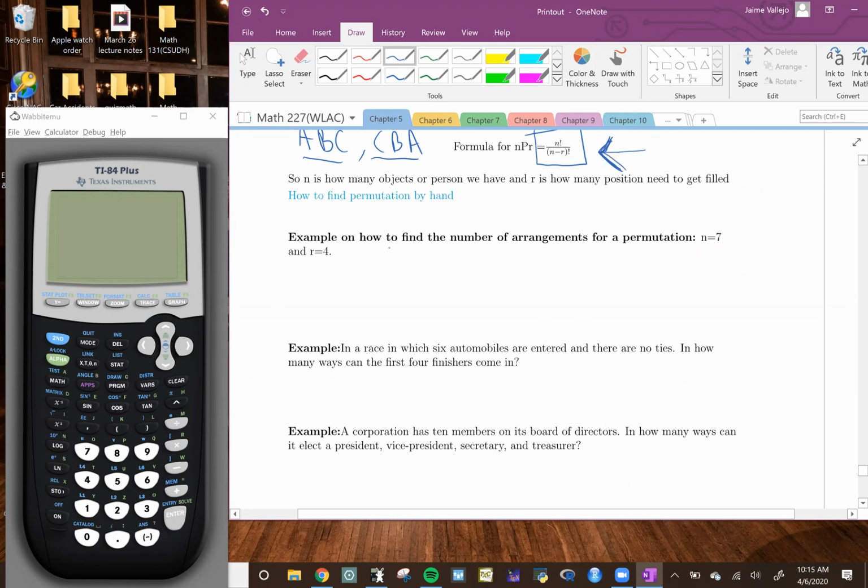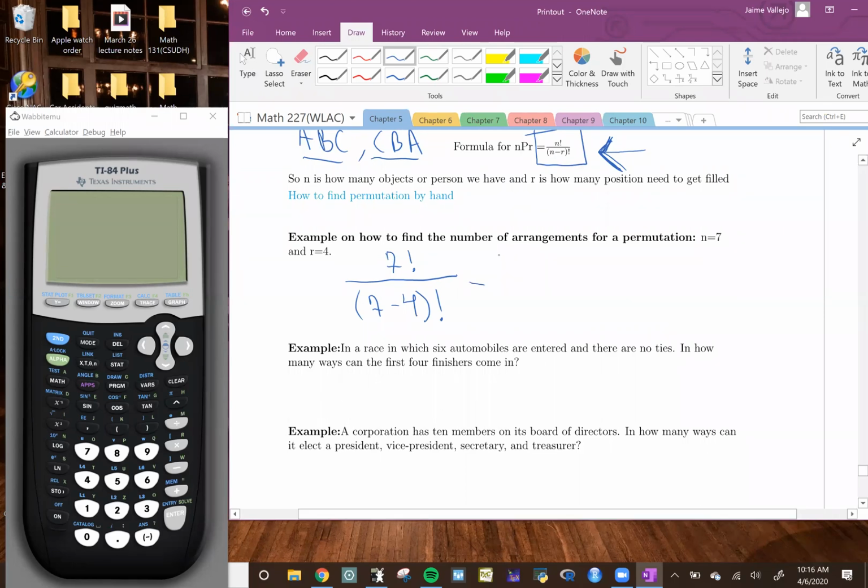For this one, you get 7 factorial divided by n, which is 7, minus r, which is 4, and that'll be factorial. Any questions so far? I got 7 factorial divided by 7 minus 4 factorial. Cool.